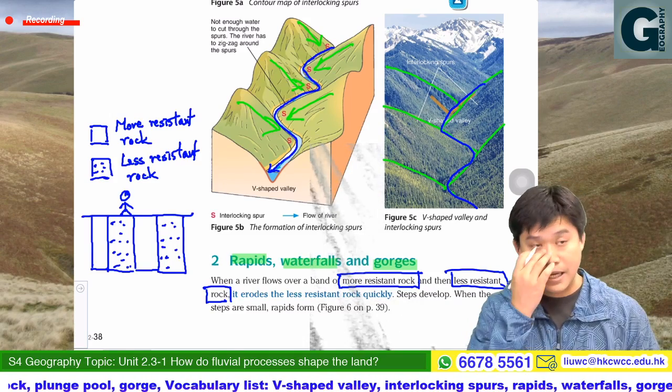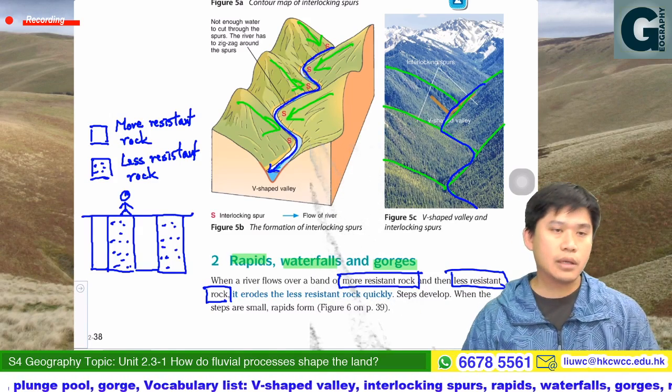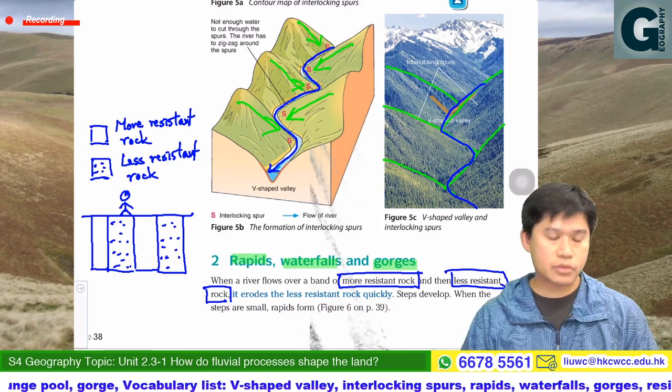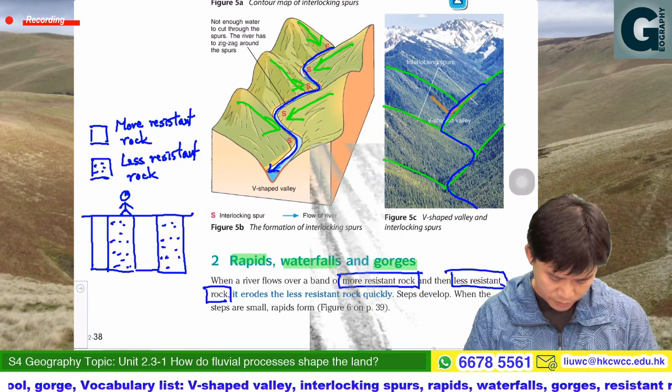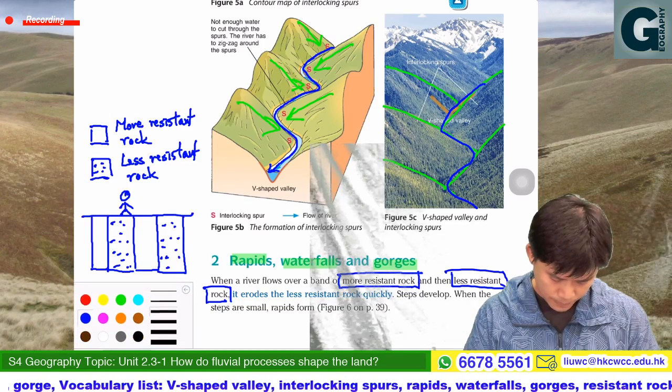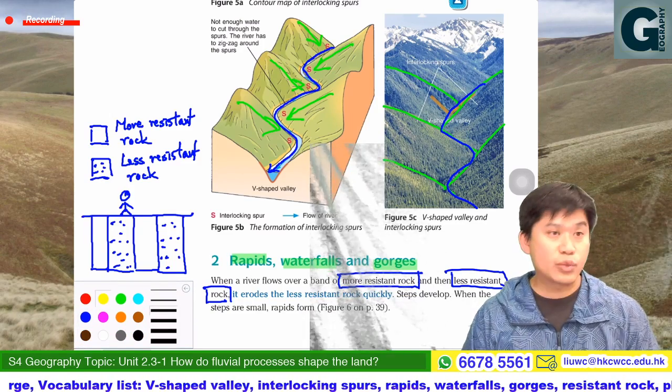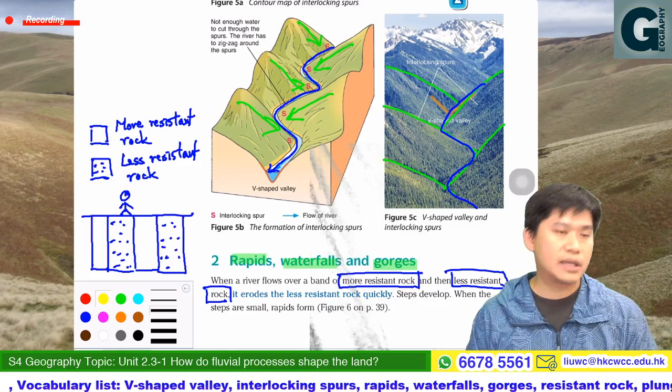Due to external forces like erosion or weathering, less resistant rock will be eroded easily.